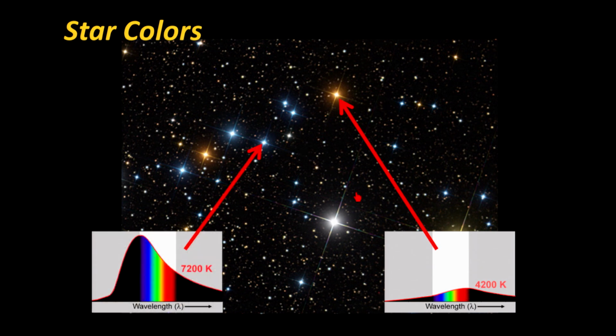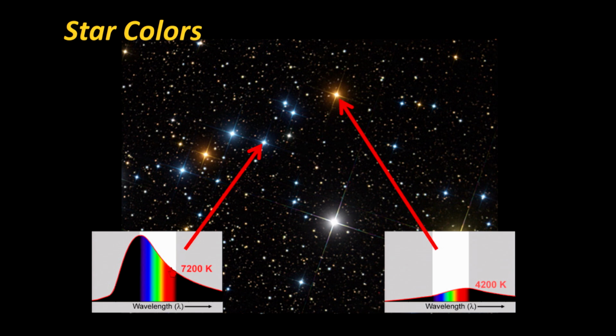Now, on the other hand, this star here that has a very bluish look to its appearance looks blue because the temperature of this star is 7,200 kelvins, and the peak of its black body curve is over the violet. So what you'll notice is that this star produces a lot of violet light, but not as much red, almost 2-to-1, twice as much violet compared to red.